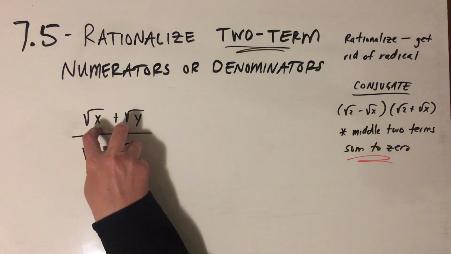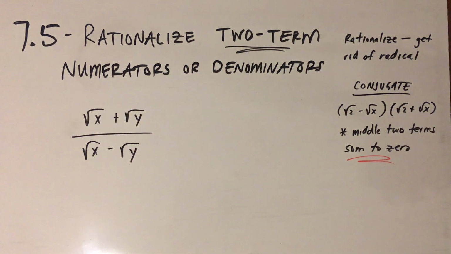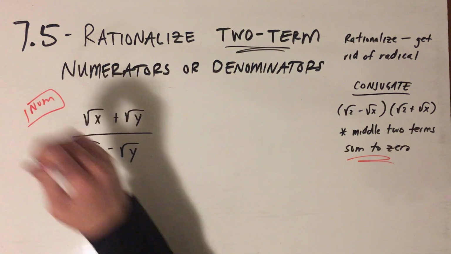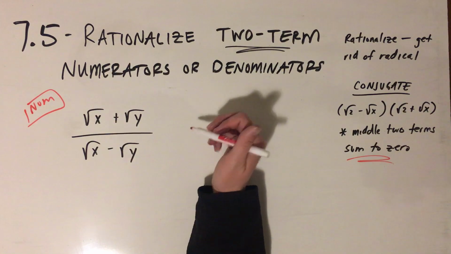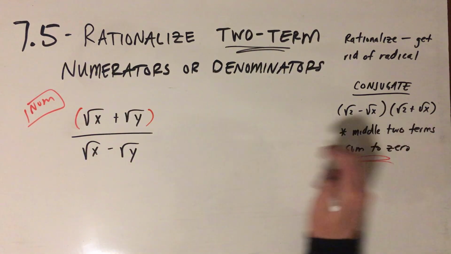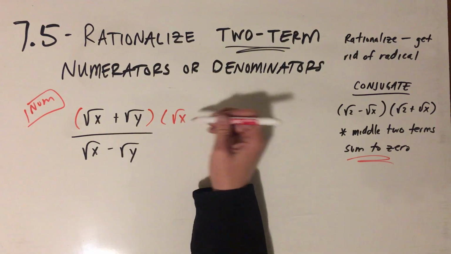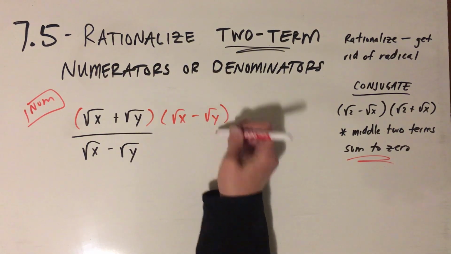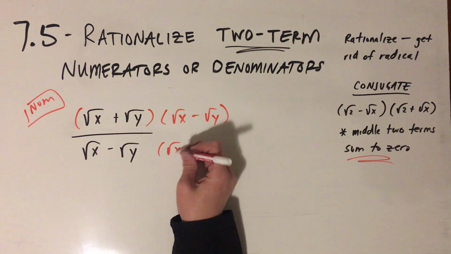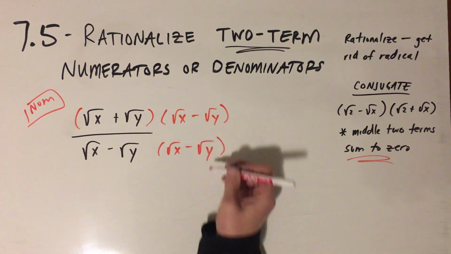Because this is a two-term numerator, and we're rationalizing the numerator this time, not the denominator, I need the conjugate of these two terms. Conjugate is the same terms with opposite signs. So whatever I do to the numerator, I've got to do to the denominator.